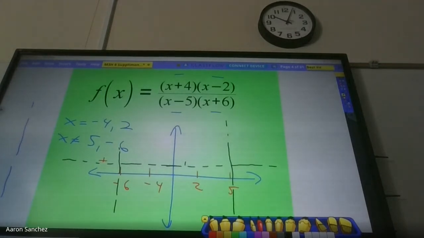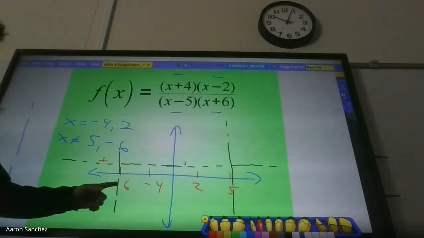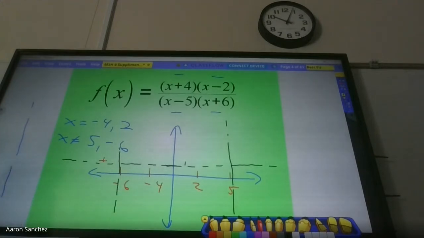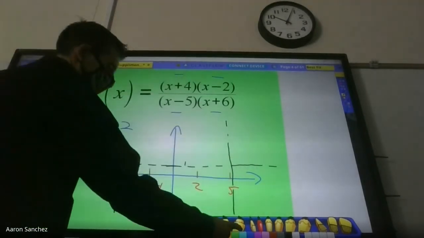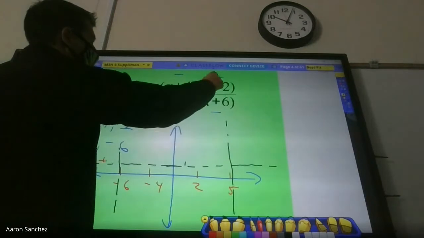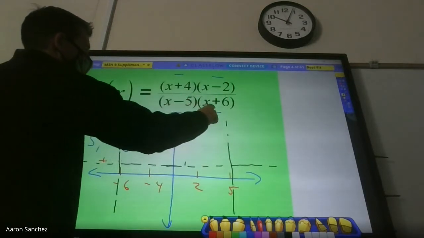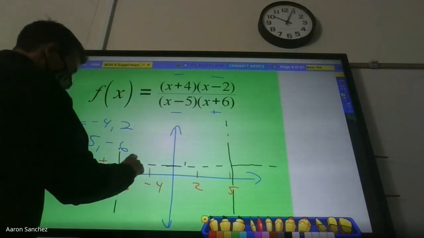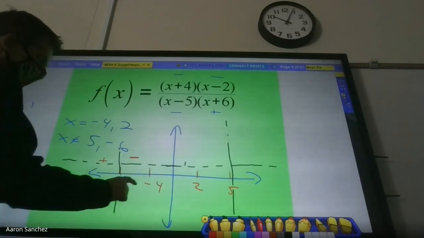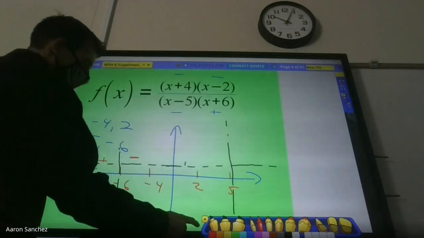Okay. So between -6 and 4, what do we got? -5. So negative, 1 positive. This will be negative right here. And then between -4 and 2, let's plug in 0.